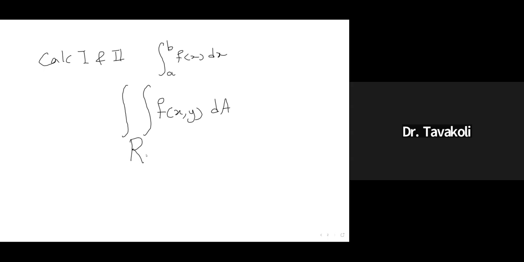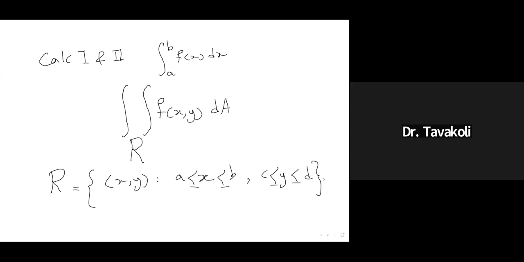Of course, we can have non-rectangular regions, other types of regions, but here our focus is a rectangular region. So this region R is all x and y's such that x is between two values, a and b, and y is between two values, c and d.